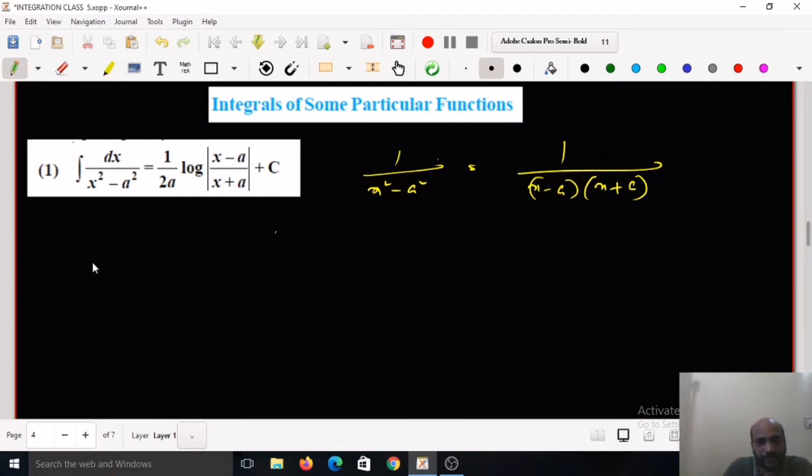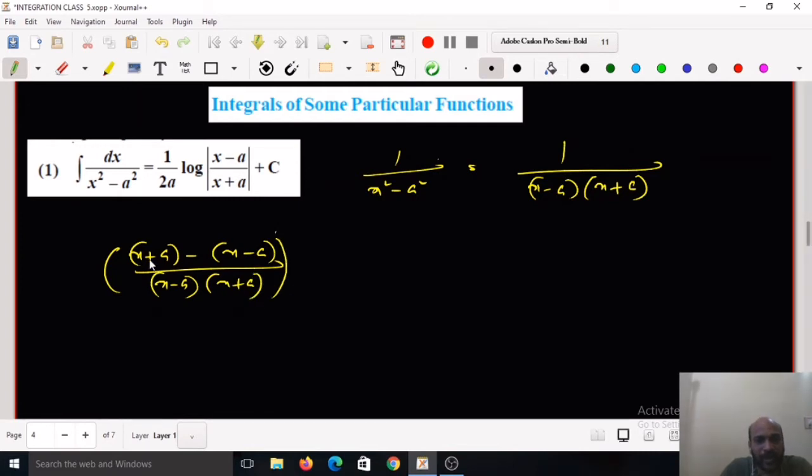So what is the method? The numerator you can express like this: x plus a minus x minus a, whole divided by x minus a into x plus a.